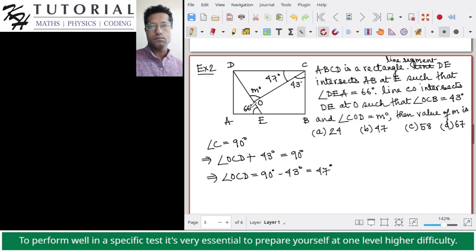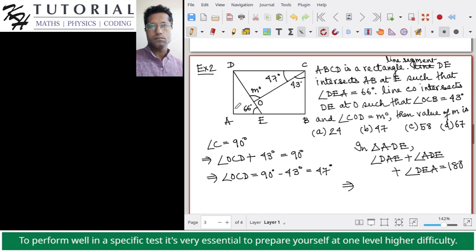Also, in triangle ADE, using the angle sum property, we can say that angle DAE plus angle ADE plus angle DEA should be equal to 180 degrees.